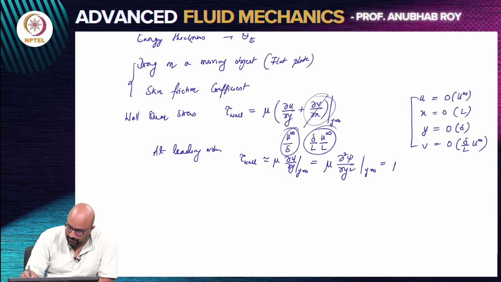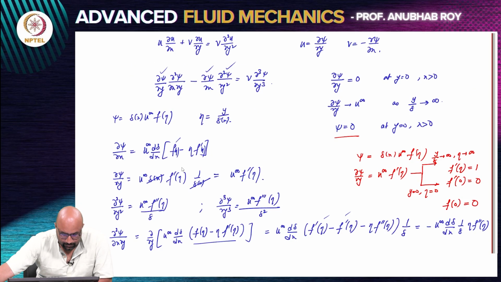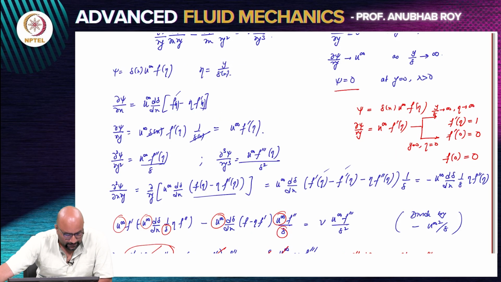So, this is u infinity f double dash at y equals 0, which is equal to, y equals 0 corresponds to what value of eta? Eta equals 0, divided by what is the denominator? Delta.